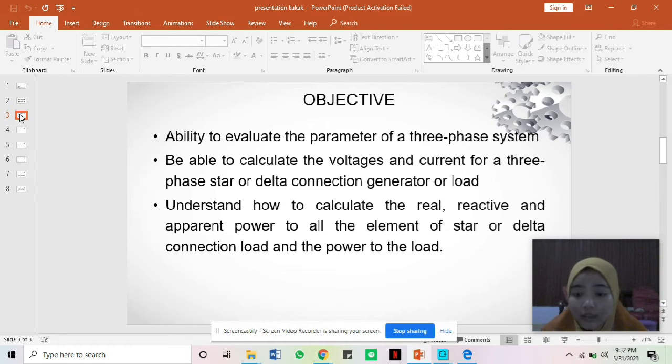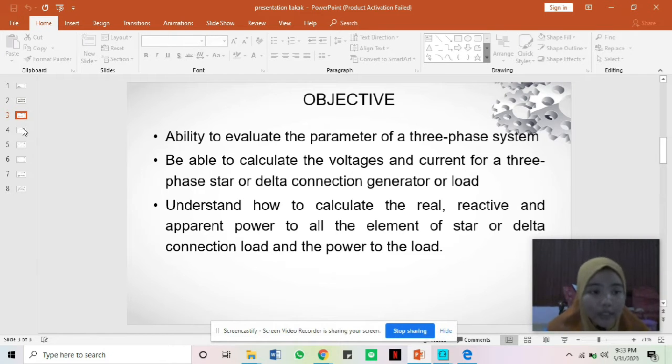I have shown that in my report. The last one is to understand how to calculate the real, reactive and apparent power for all the elements of star or delta connection, load and the power to the load.